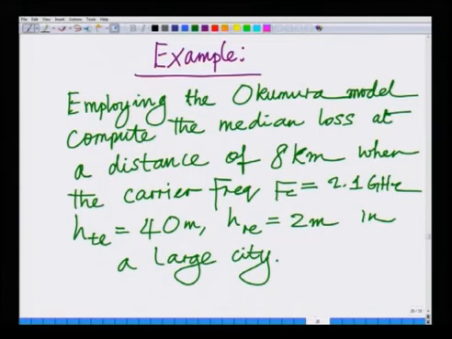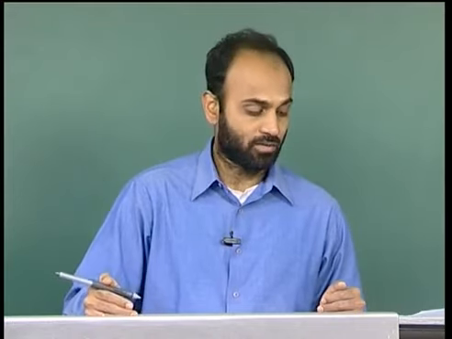We wanted to use the Okumura model to characterize the median path loss at a distance of 8 kilometers when the carrier frequency Fc is 2.1 gigahertz, HTE is 40 meters, HRE receive antenna height is 2 meters, and we are considering a large city environment. That is, we want to look at this example in a large city environment to essentially consider what is the received signal strength as a function of the distance.